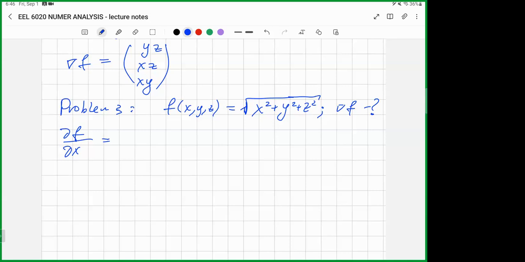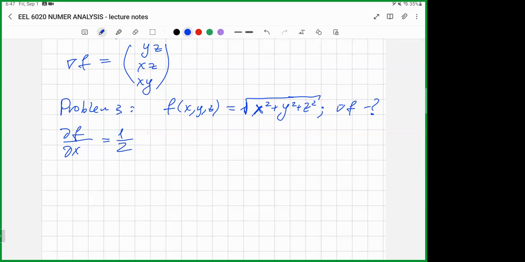So df over dx, here f is a complex function, a function of a function. So I apply the chain rule, right? So I take the derivative of the square root function. So I get 1 over 2, and the power is minus 1 over 2.